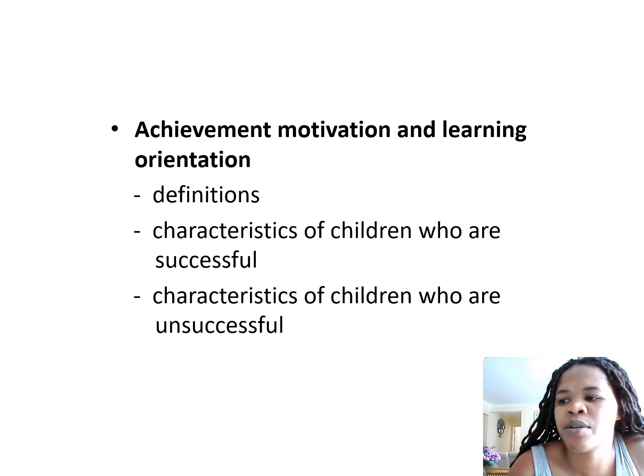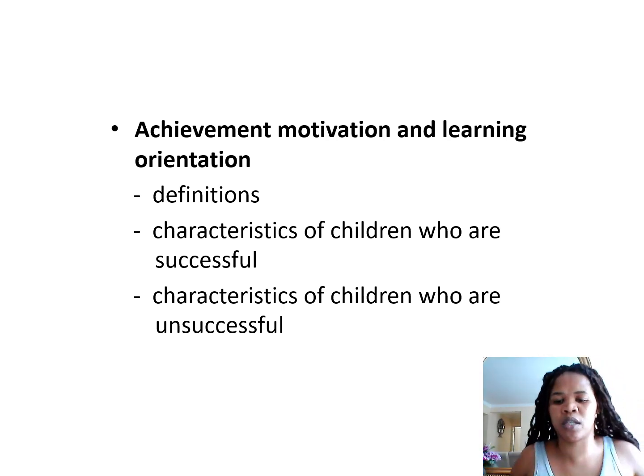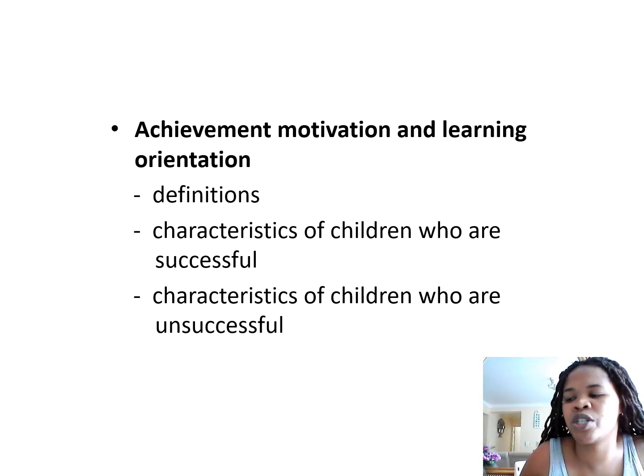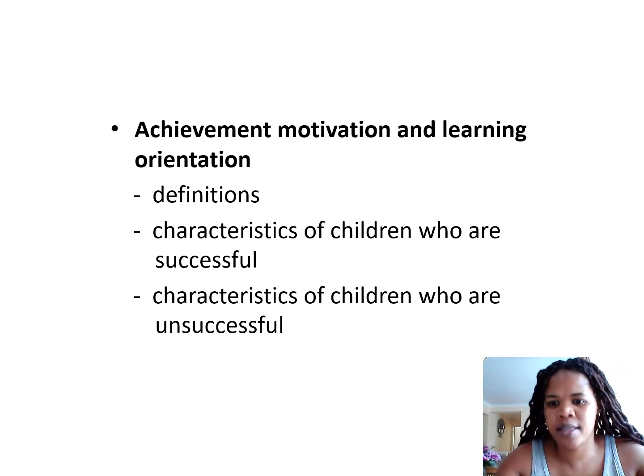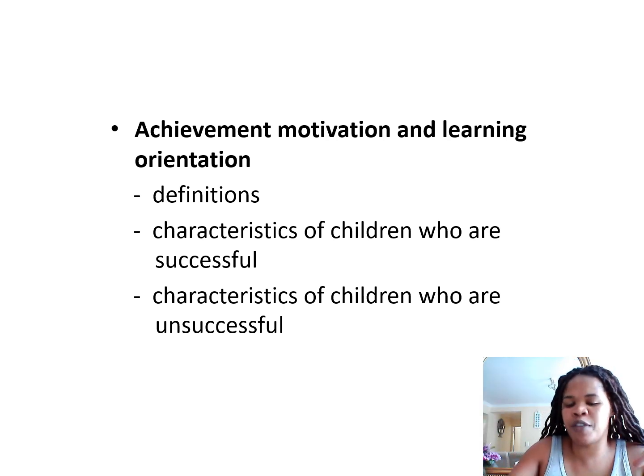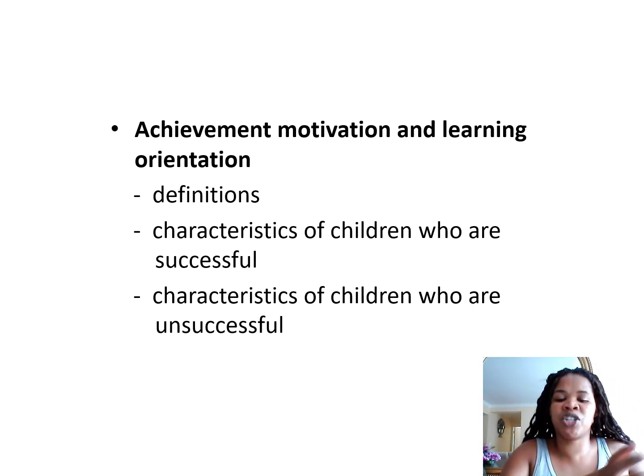And then again, mastery orientation children ask for help when they need it. They see getting help as an opportunity to improve skills. Versus the other children who have got the helpless orientation, they avoid seeking help. They don't want to be helped, because it's a confirmation of their poor ability. But the children who are likely to be more successful want help.